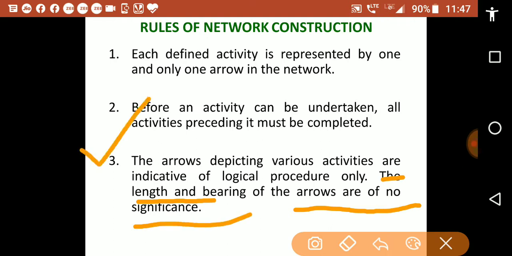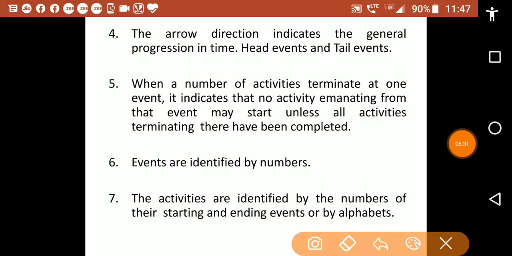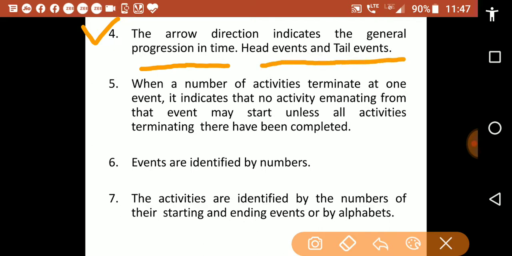So this is the third rule. This is the fourth rule: the arrow direction indicates the general progression in time, head events and tail events.